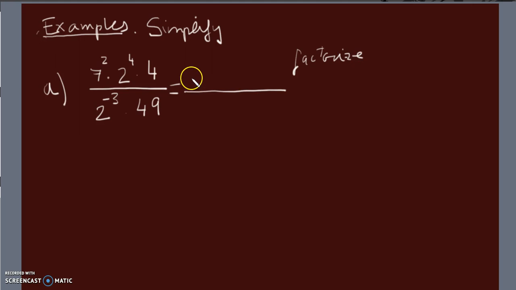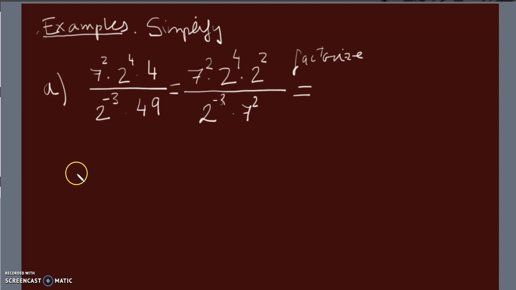It means to express the numbers as powers of prime numbers. So we write 7 to the power of 2 times 2 to the power of 4 times 2 to the power of 2, because this is 4, okay? And in the denominator, 2 to the power of minus 3 times, this is 7 to the power of 2, okay? So to simplify this, we need to operate the powers with the same base.